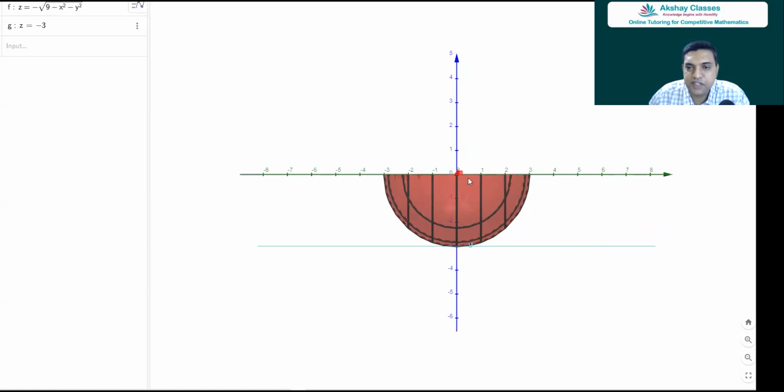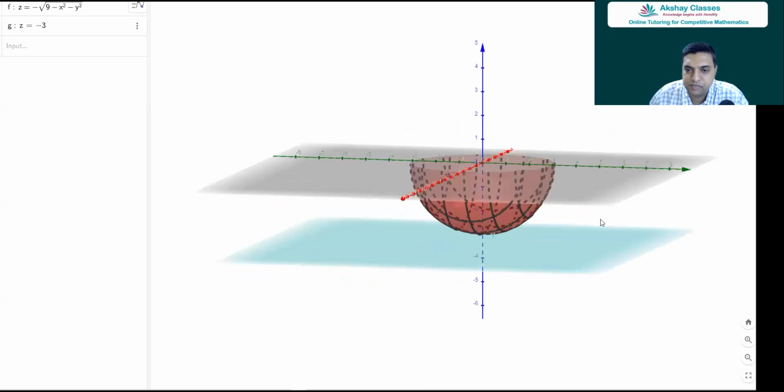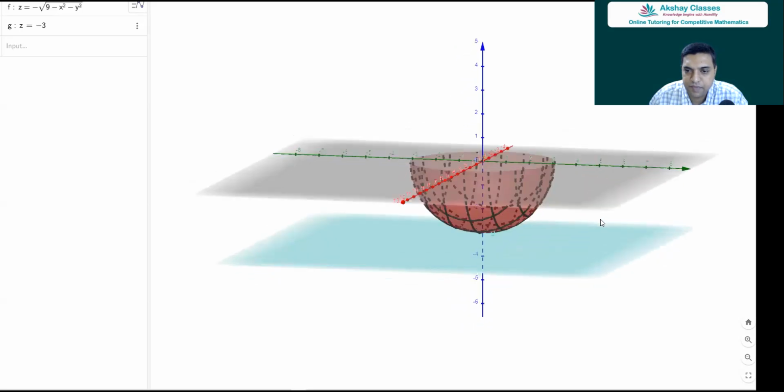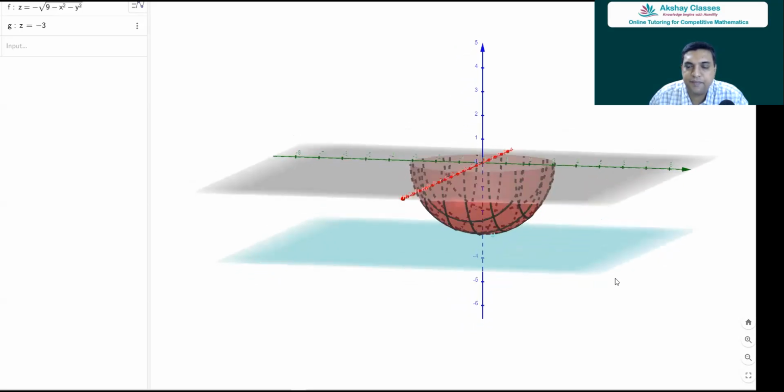At 0, the minimum value is -3, and values in the neighborhood of 0 are greater than -3. So this is the point of minimum.